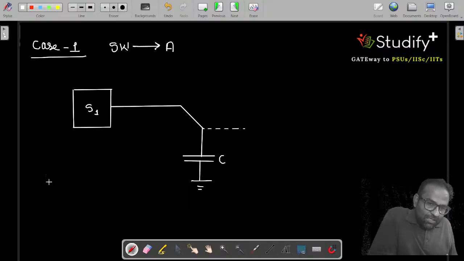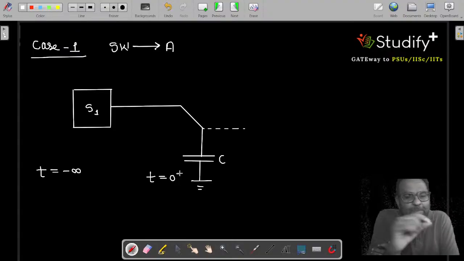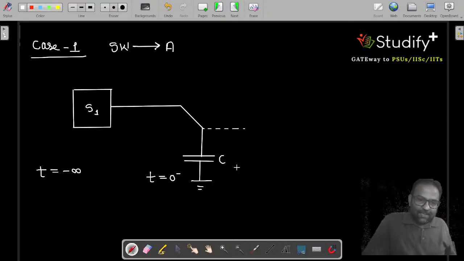Because this started from t equal to minus infinity, till t equal to 0 minus my switch is at position A. The capacitor will behave in steady state as an open circuit, so the total voltage of the source will appear across the capacitor. Let's say the maximum voltage of the capacitor is Vc, let's say 2 volt.